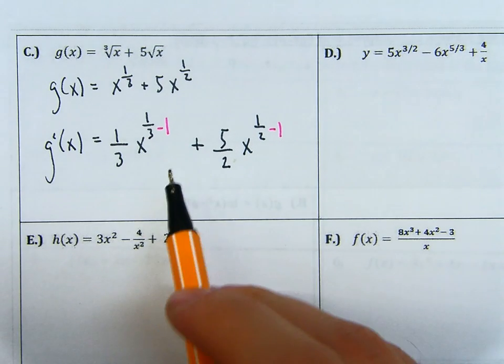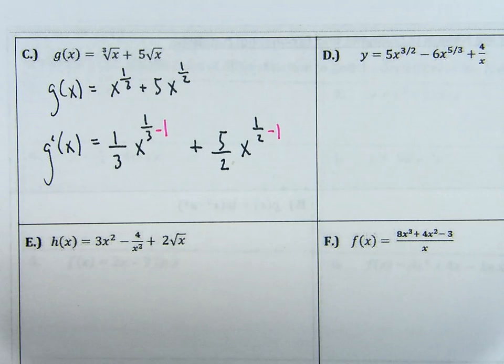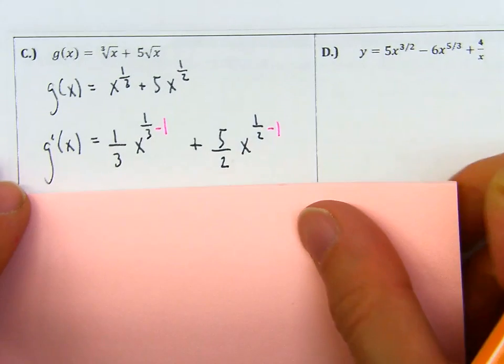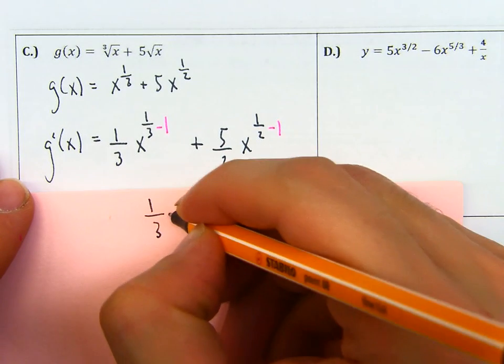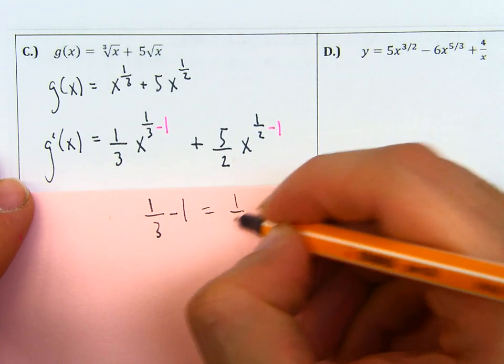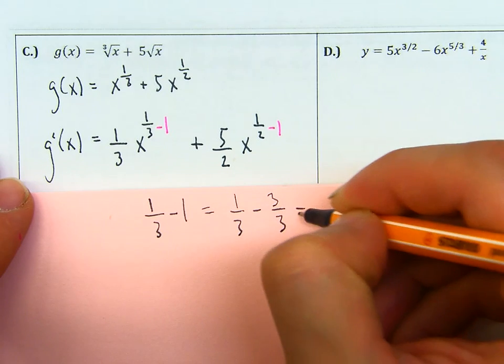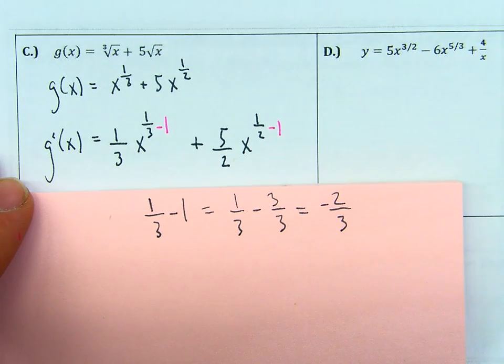So notice that when you do minus 1, you got to take your time, what is 1/3 minus 1? Well, that's equal to 1/3 minus 3 over 3, which is equal to negative 2 over 3.